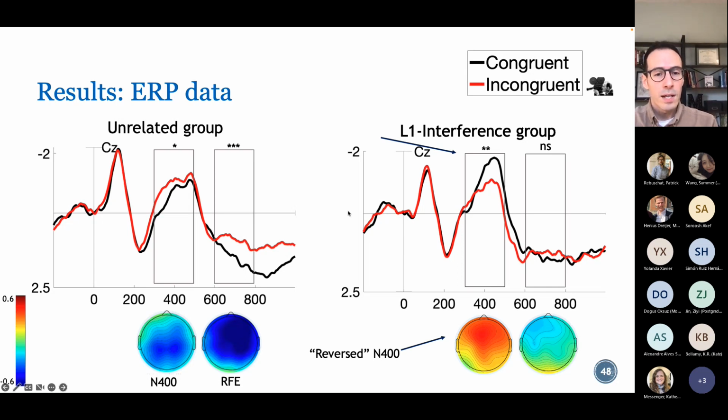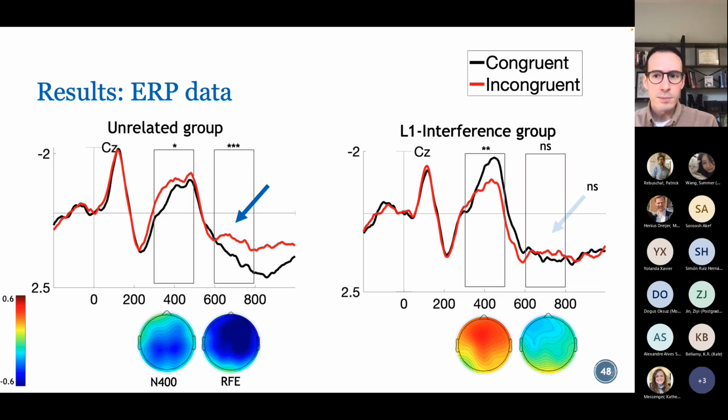And I also want to highlight a second time window here. So you may also notice that there's a difference in the ERPs of the two groups. Now, what we're seeing here is the right frontal effect that we also elicited in a previous study, which is related or indicative of difficulty in selecting a response.